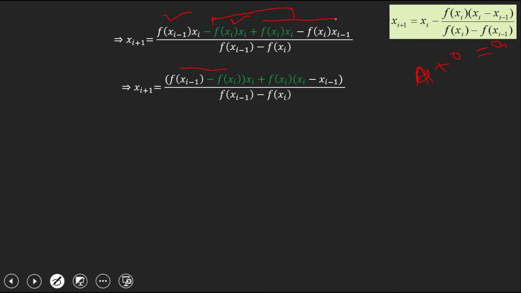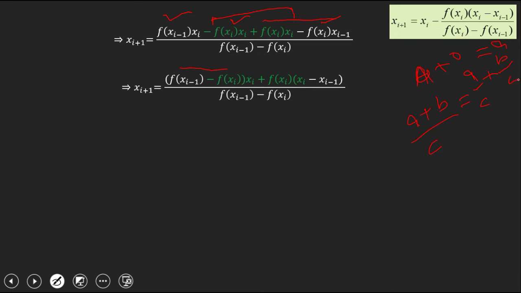We will get f of xi into xi minus f of x. Taking f of xi common, we get xi minus 1 divided by. If we have a plus b divided by c, we can write it as a divided by c plus b divided by c.